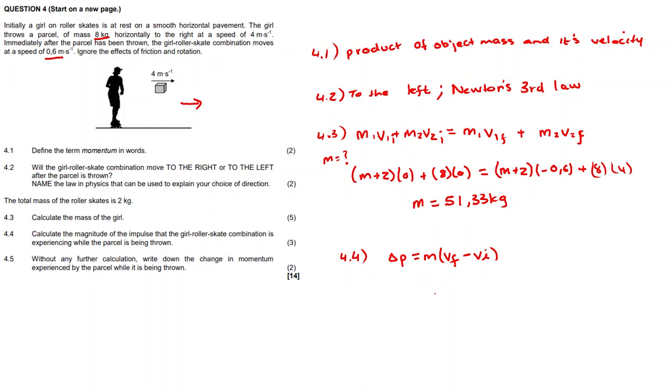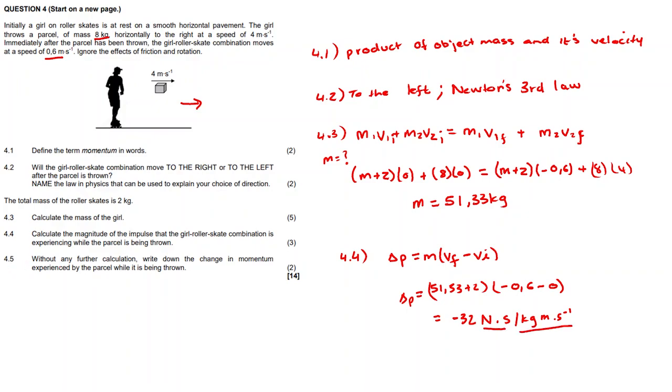So we know the mass of the girl being 51.33 plus the 2 for the roller skates, the final velocity being negative 0.6, don't forget the negative as we are going in the opposite direction of the block, minus 0 as they initially are at rest, and that's equal to delta P. We therefore get that delta P is equal to negative 32 newton seconds, or kilograms meters per second. Either one, depending on which units you want to use. You can use this one or that one.